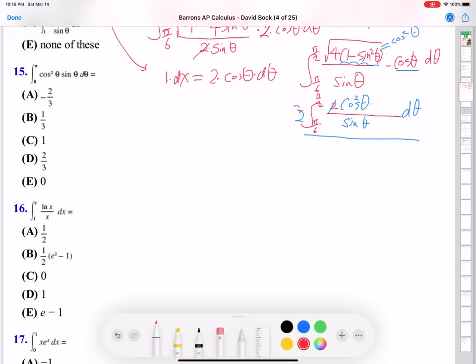Integral 0 to pi cosine squared theta sine theta d theta. I let cosine theta become u part because derivative of cosine theta is negative sine theta, right?